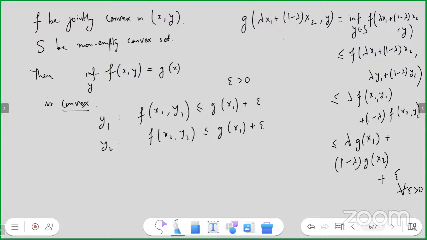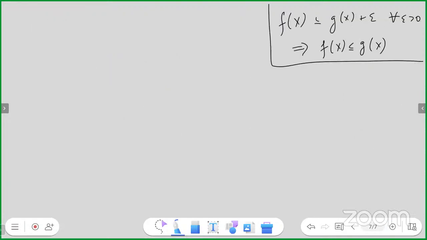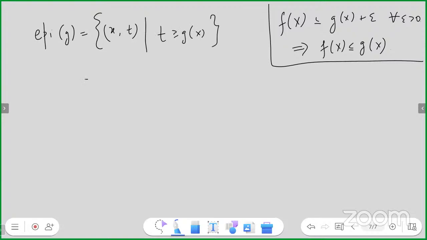You have a free variable, which is Y. You're optimizing over Y. So what is epi of G? It is x comma t such that t is greater than or equal to G of x. How else can I write this? That's the trick. So x is here, and t is here.